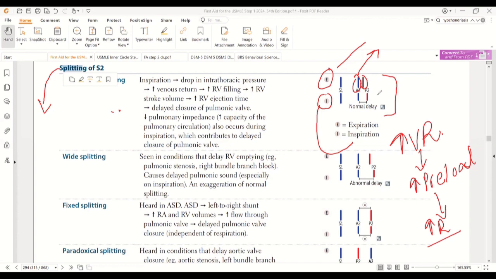So what is the meaning of wide splitting and fixed splitting?